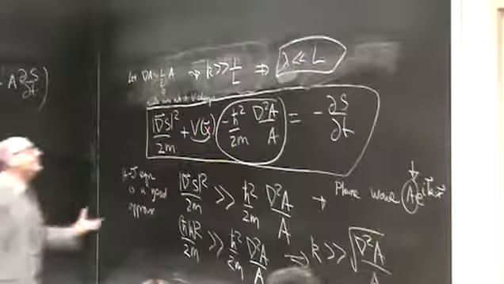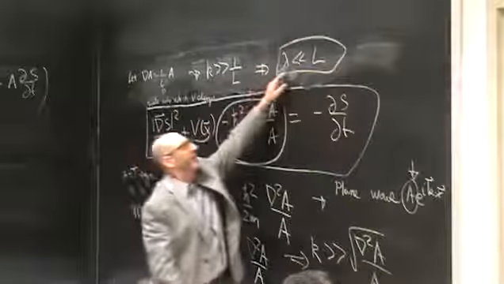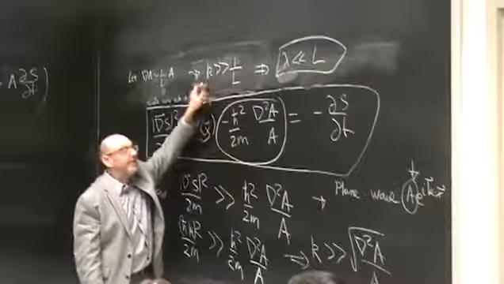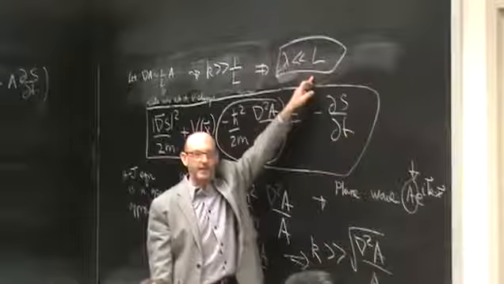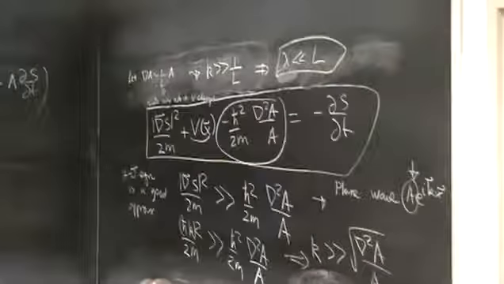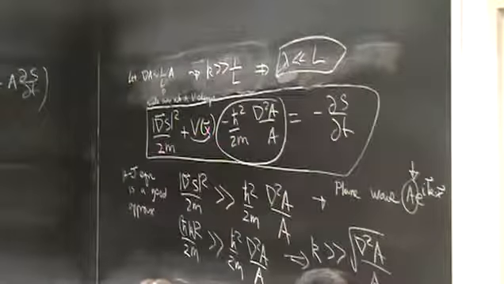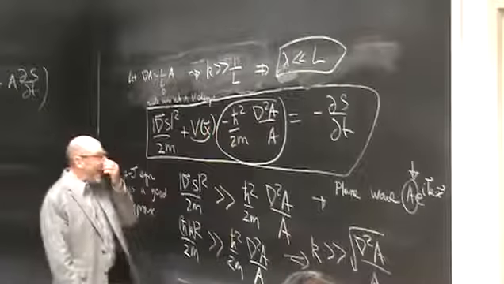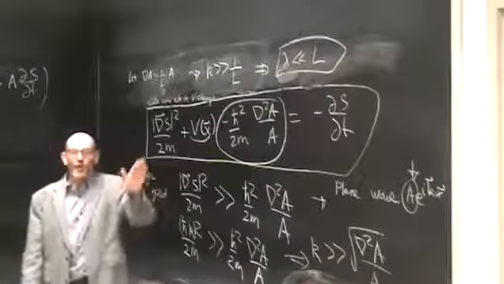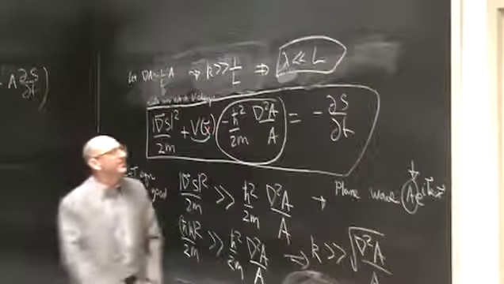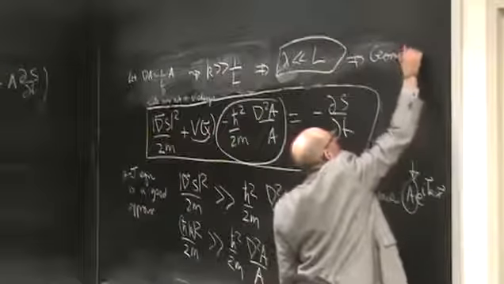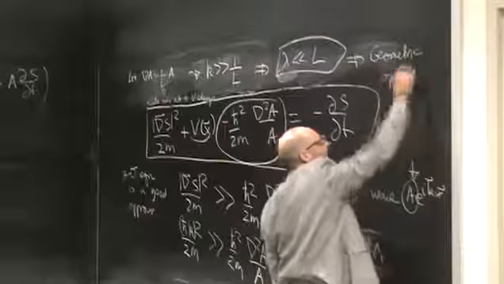Well, if the wavelength associated with that momentum is tiny compared to that scale, then the wave nature of the problem is negligible. And it looks more like trajectories of rays. We know this from our studies of basic optics.